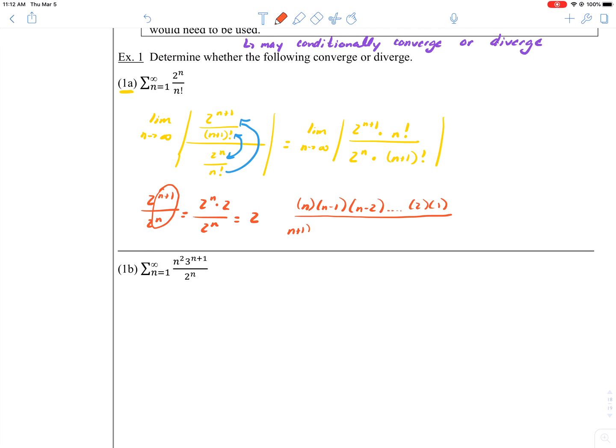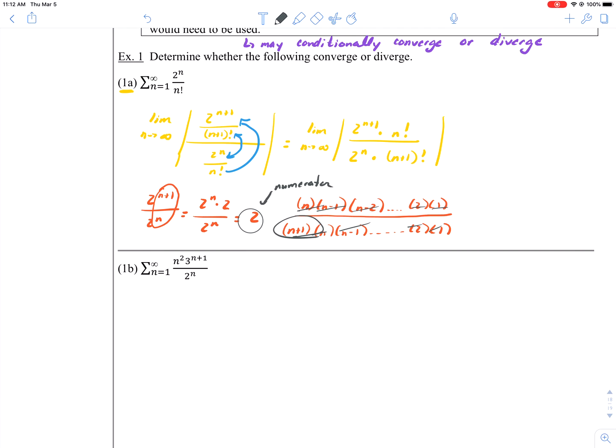But the bottom starts at n plus 1, and we go to n, and then n minus 1, and then we keep going. So I think it's relatively obvious that everything here is going to reduce except for that n plus 1. So we're left with a 2 in the numerator, and then we're left with that n plus 1 in the denominator.